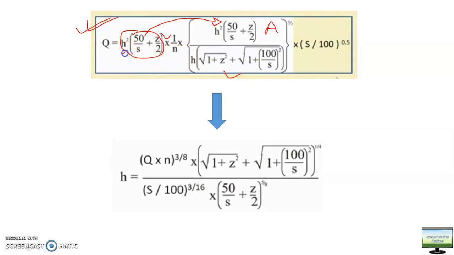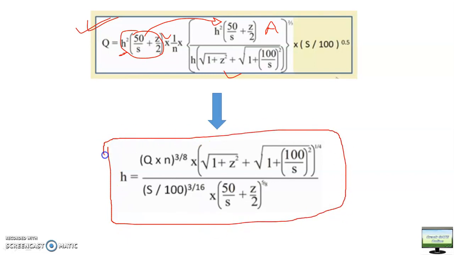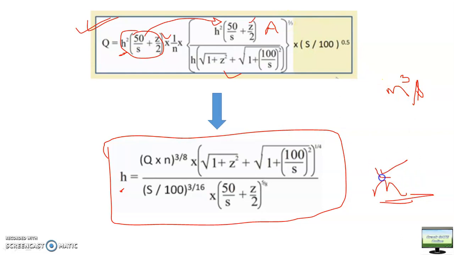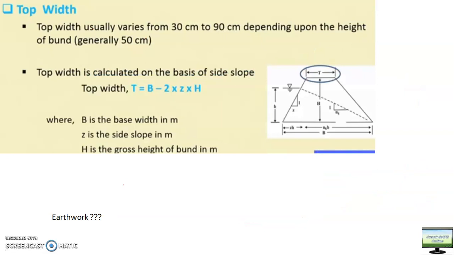You want the height of impounding water, so you rearrange this equation and calculate H. That will be in meters based on the unit. If you are putting discharge in meter cube per second, and Z and the others are all unitless, it will become directly in meters. So here you calculated the depth of impounding water.